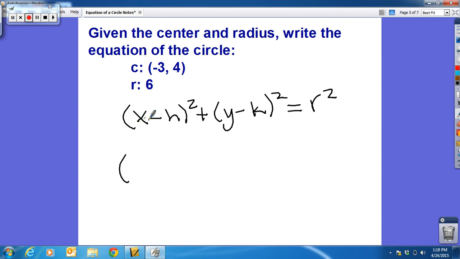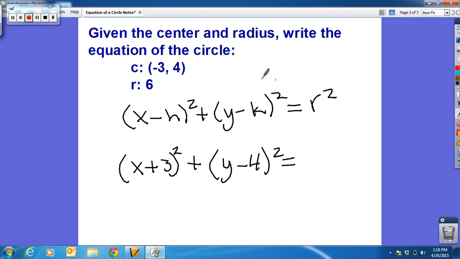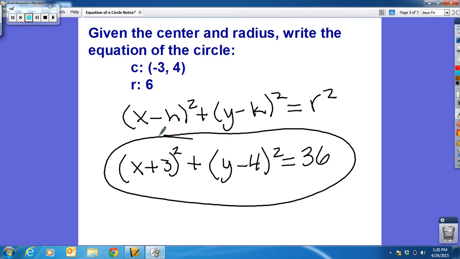So x minus -3 is the same as x plus 3, and I'm going to square it, plus y minus k, or y minus 4, squared, and then it's equal to the radius squared. What is the radius? The radius is 6, so it's going to be 36. So this is the equation of your circle.